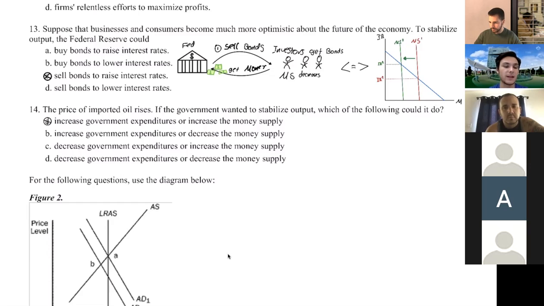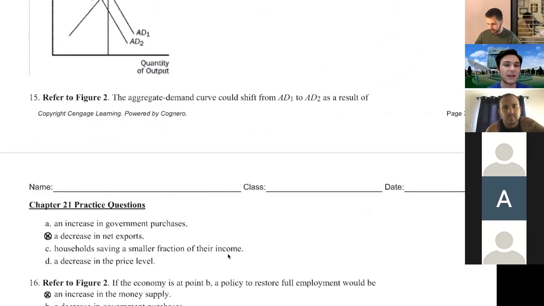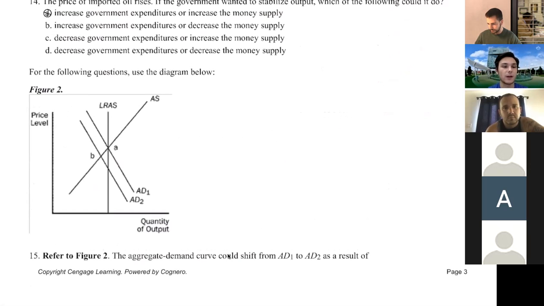So a big thing for this chapter is that Keynes talks a lot about using government policy to increase aggregate demand. So a lot of these questions are going to be geared towards what policy would be the most effective to increase aggregate demand.